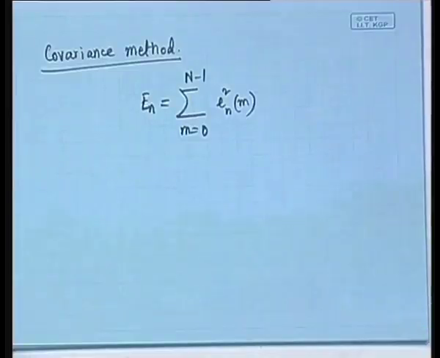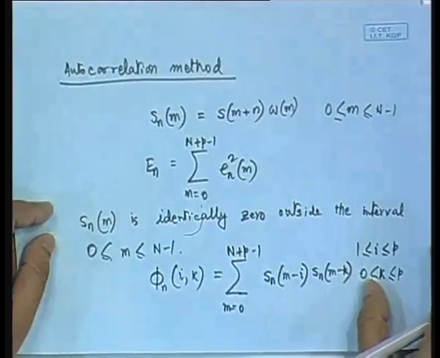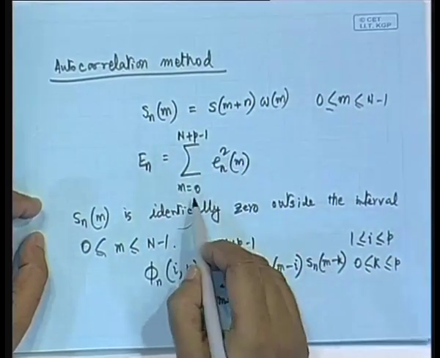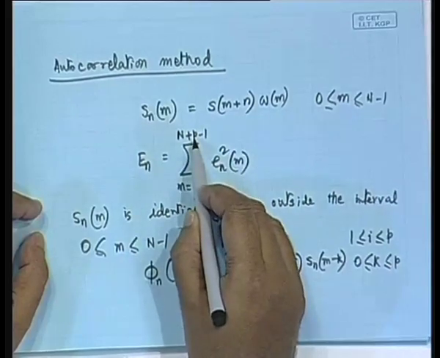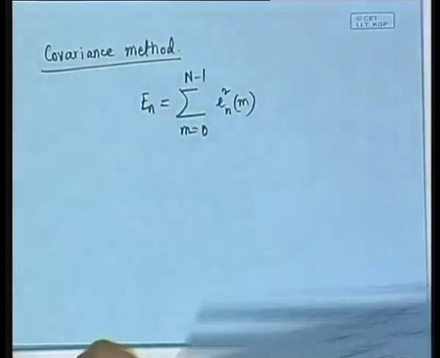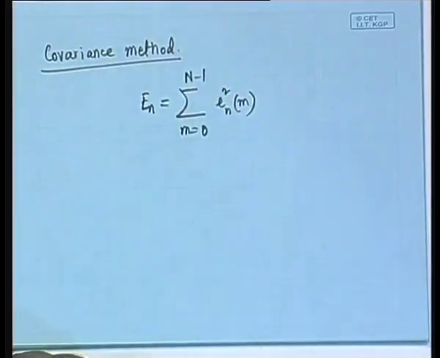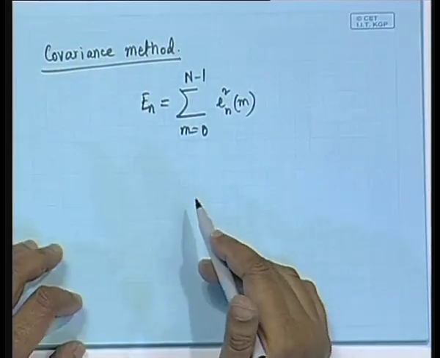Just have a look at what definition we had given earlier. For the autocorrelation method we had given the definition as En equal to the summation of En square m, but m equal to 0 to n plus p minus 1, whereas in this case we are giving m equal to 0 to n minus 1, right. So just note that the limit is different, but the limit difference makes a lot of difference in this expression, although deceptively it will appear as if we are redoing the same thing.